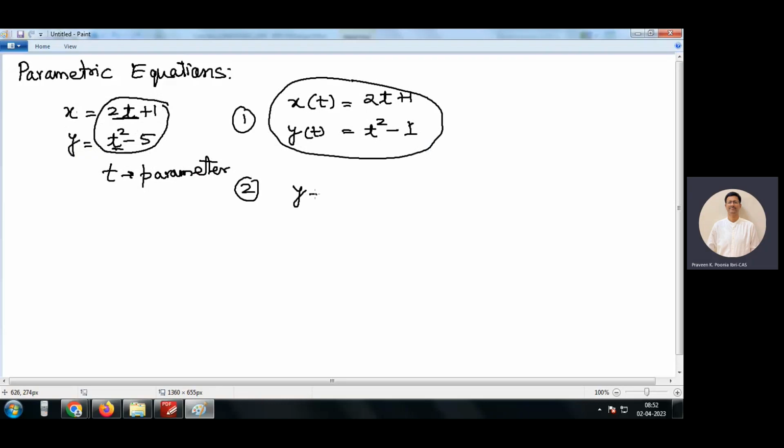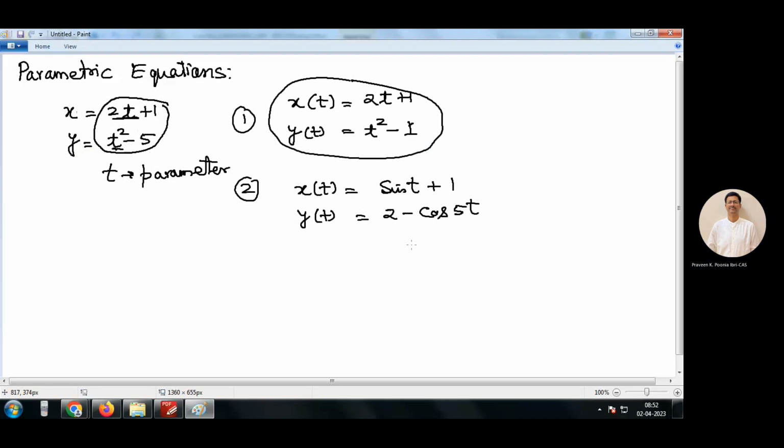A similar example you can write in terms of sin t. Say x(t) is equal to sin t plus 1, and y(t) is equal to, let's say, 2 minus cosine 5t. Clear? Like this type of equations.